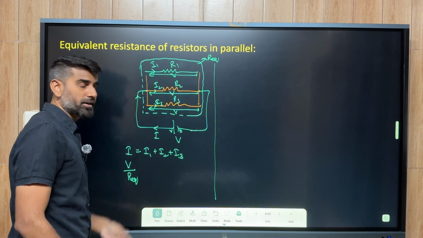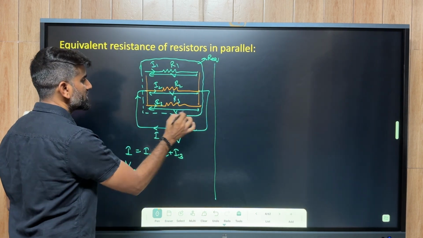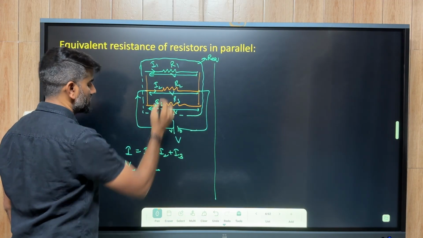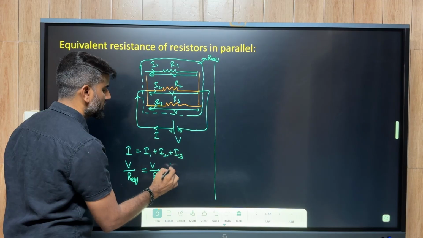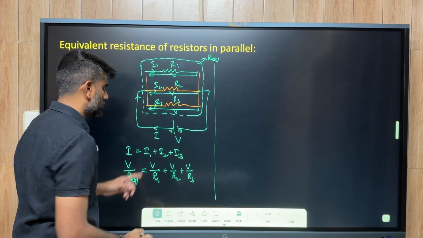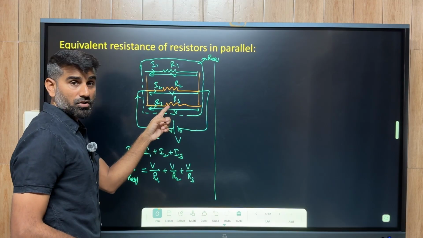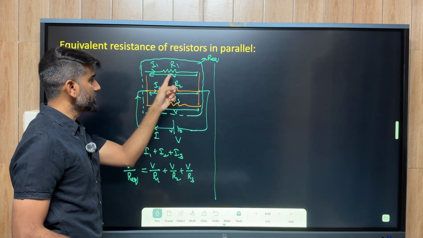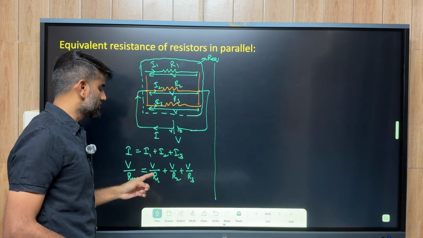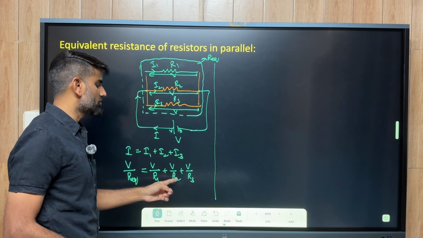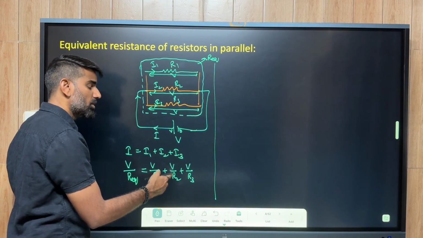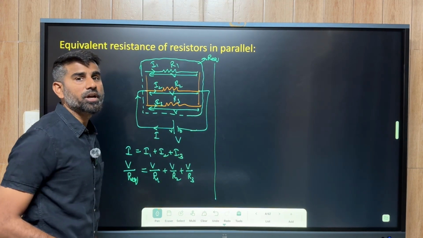So V by R equivalent is equal to V by R1 plus V by R2 plus V by R3, because across every resistor the potential difference is the same. Current I1 is V by R1, current I2 is V by R2, current I3 is V by R3.